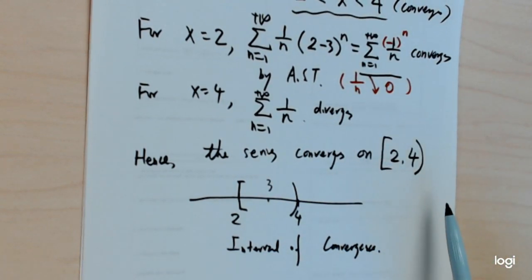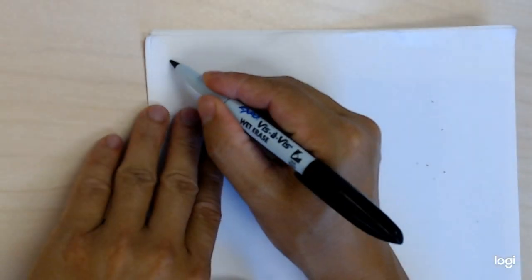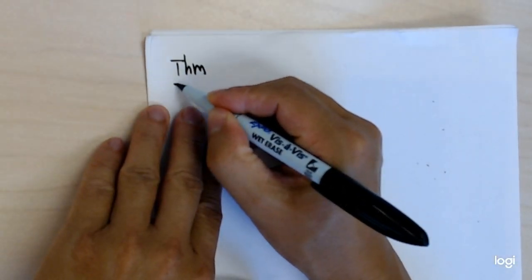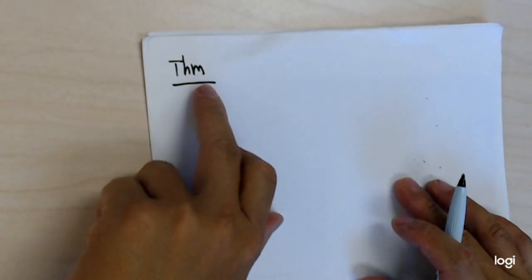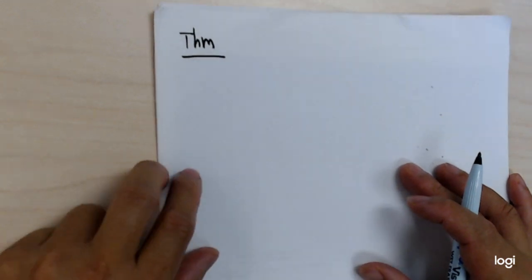That turns out to be not a coincidence. Turns out we have results on interval of convergence. This theorem provides different scenarios on which the power series can be convergent.